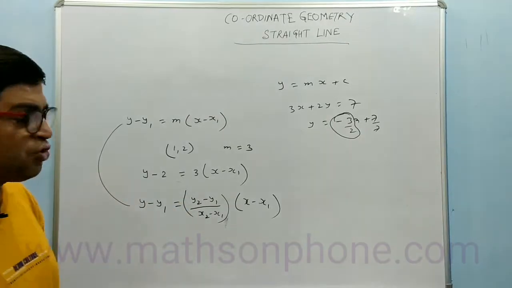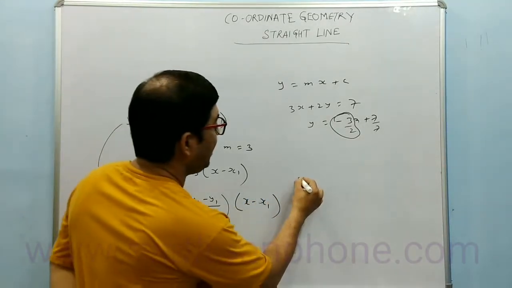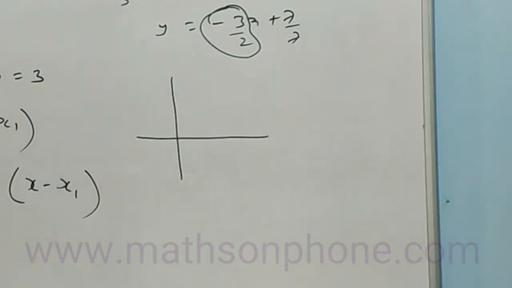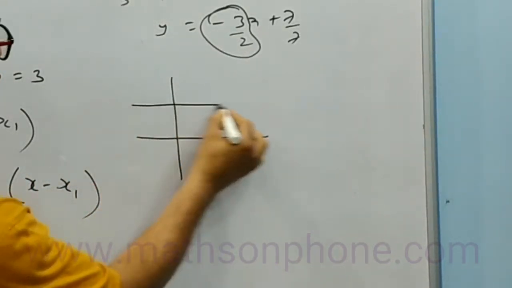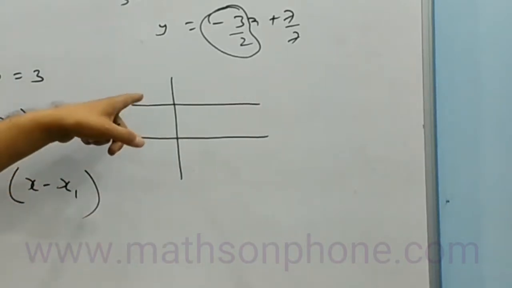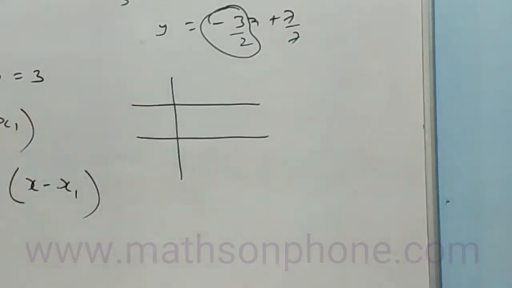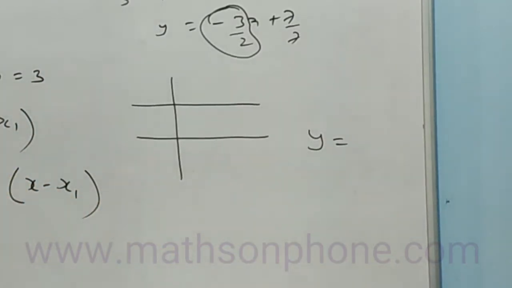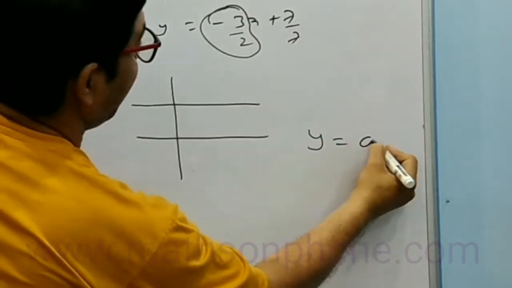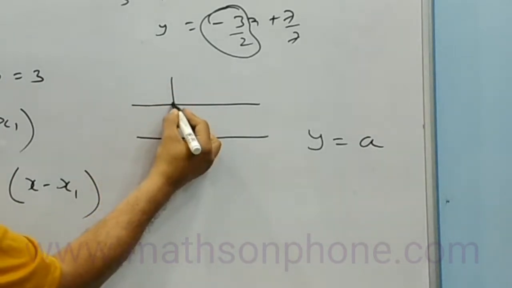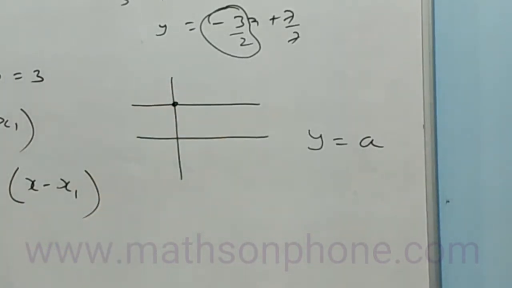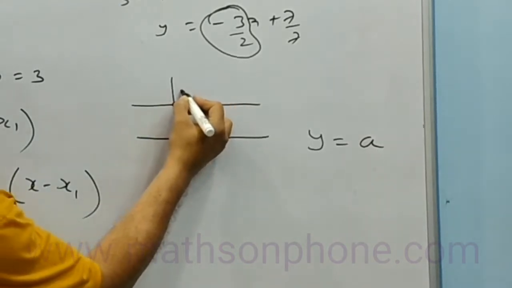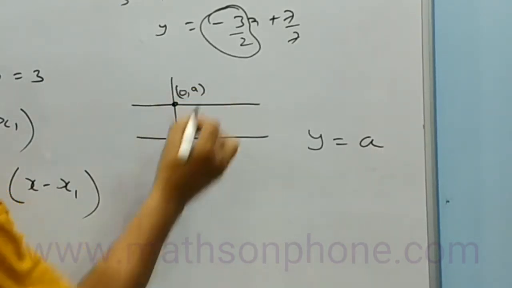Now certain basic things we will see. Any line parallel to x-axis will be like this. So it is y is equal to something, y is equal to a, b, anything you can write. If it is passing through, can you name a point on y-axis? That is 0, something. So the point is 0, a.